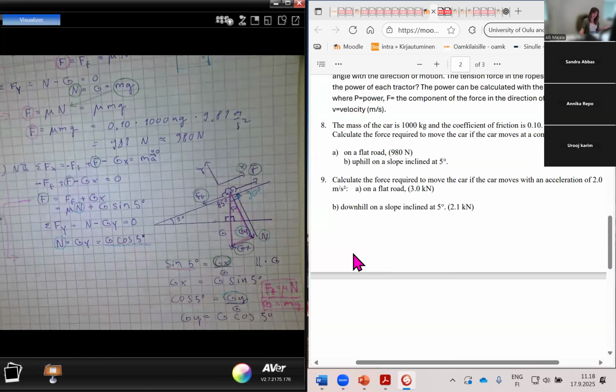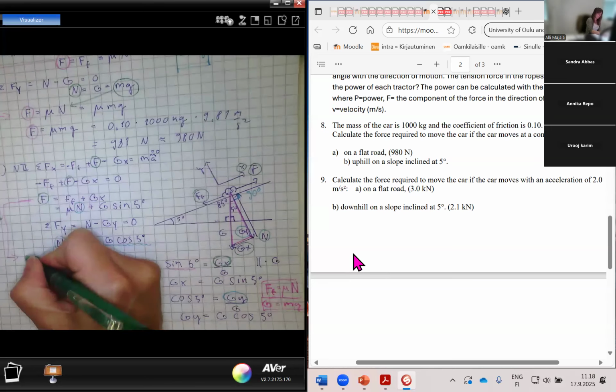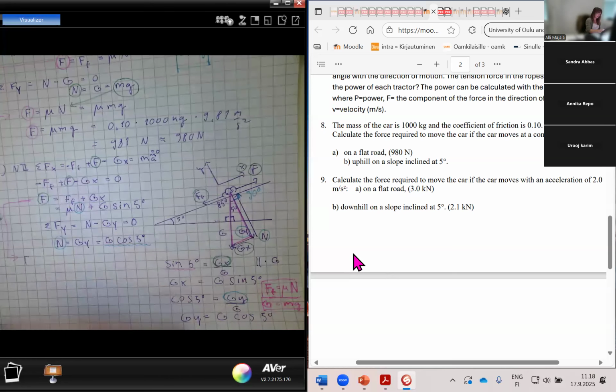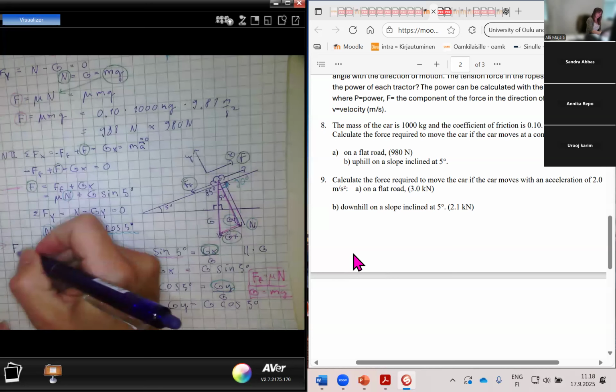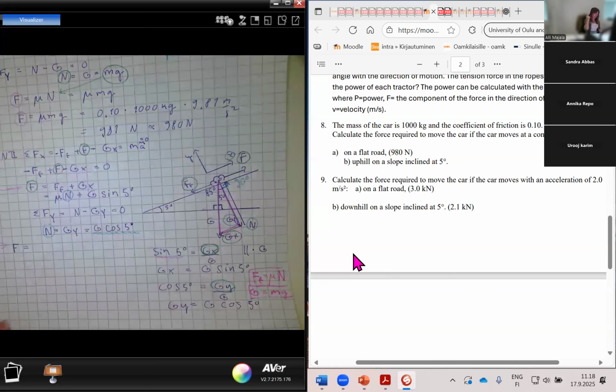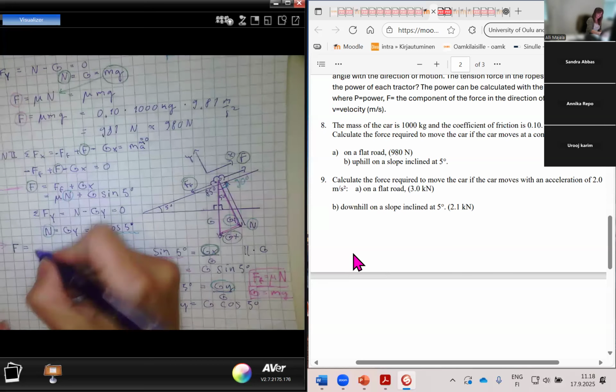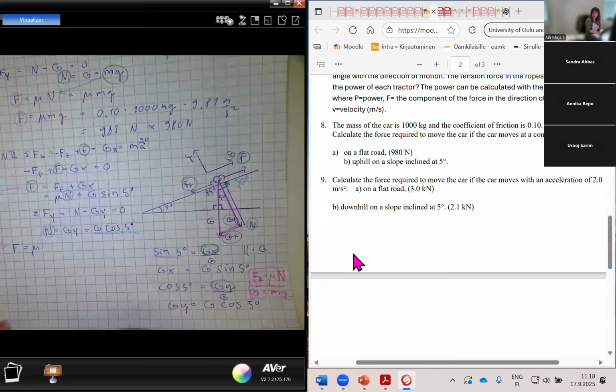I wanted to calculate the force of the engine that I need to go up this hill inclined at a 5-degree angle. So I have there my friction factor.